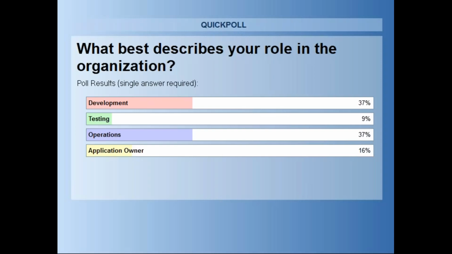Okay, survey says, pretty much what we'd expect on a DevOps related webinar. 37% of you are in development, 37% in operations, 9% in testing, and 16% are application owners.